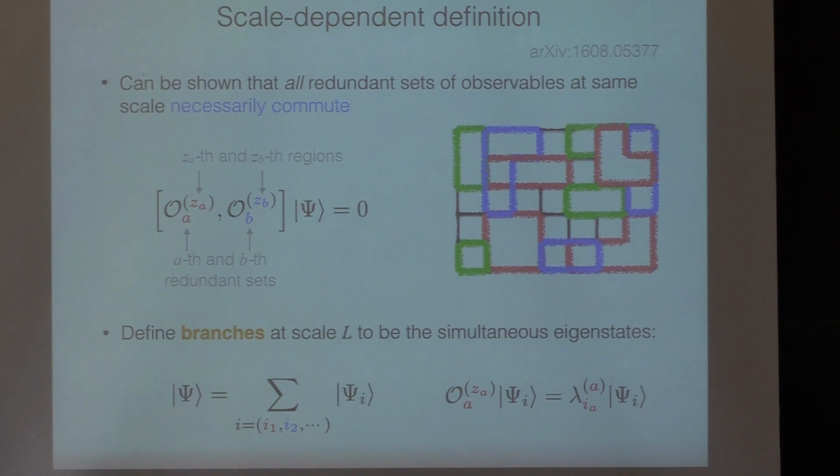Okay, so a limitation of this is that it has to do with a preferred scale L. The preferred M, which is just the number of copies that you require, is a little bit of a limitation, but one way you can think about it is it just tells you how robust the branches are.